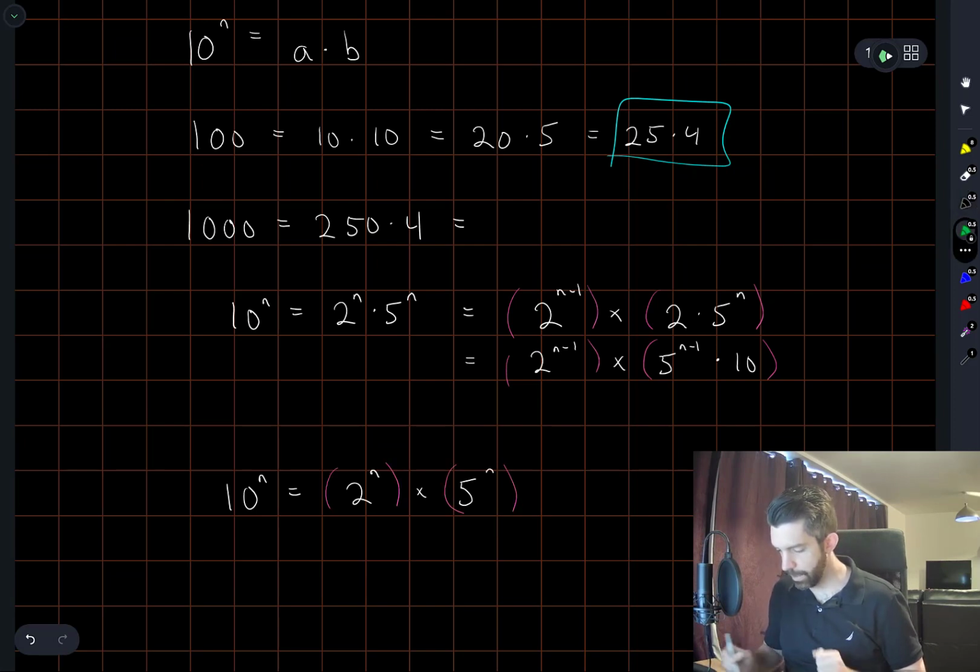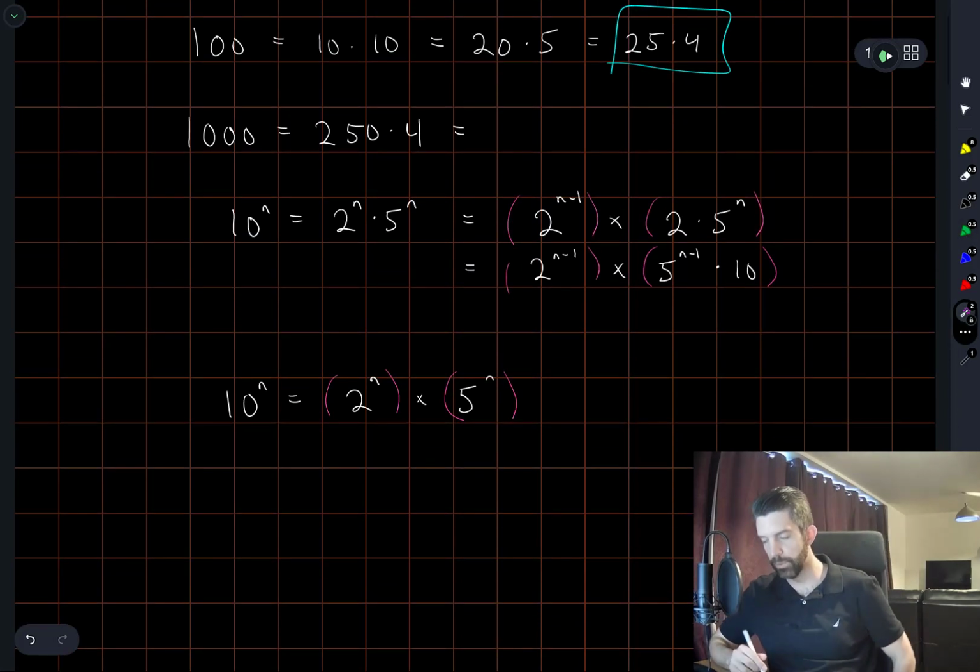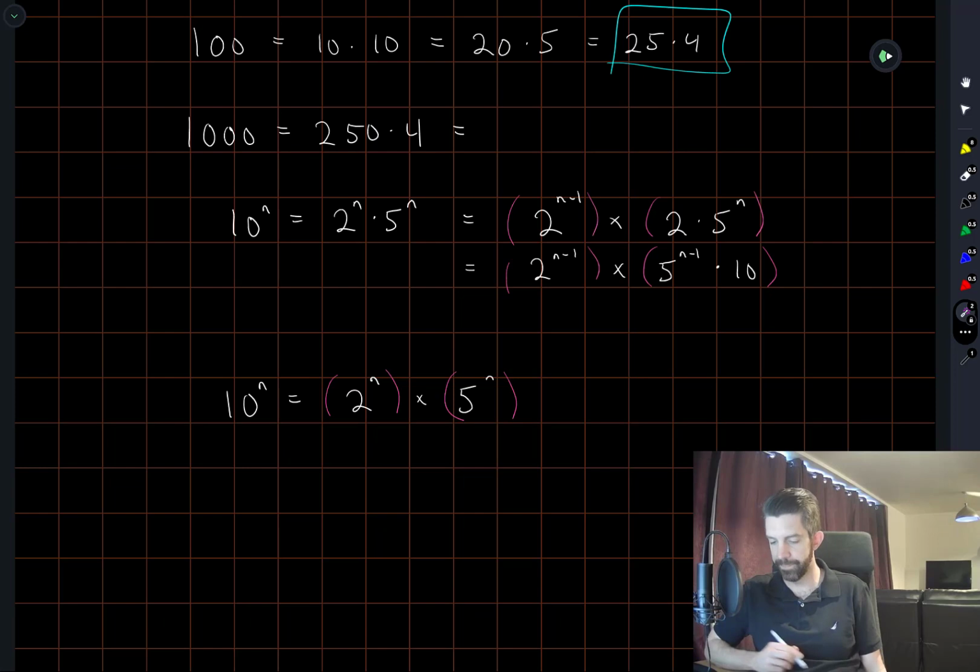So the way I want to answer this question then is to look for the smallest value of n such that either 2 to the n or 5 to the n has a 0 in it for all values of the exponent greater than or equal to n. Is there an easy way to figure that out without explicitly writing out the powers of 2 and 5?